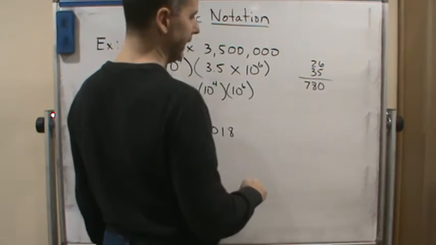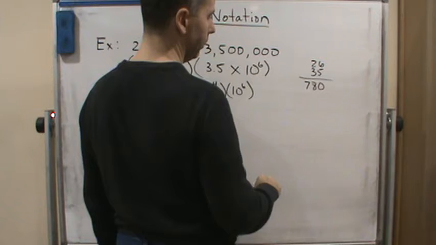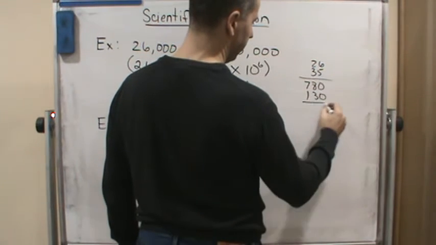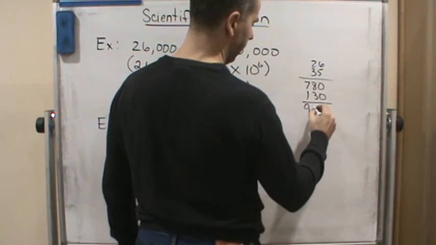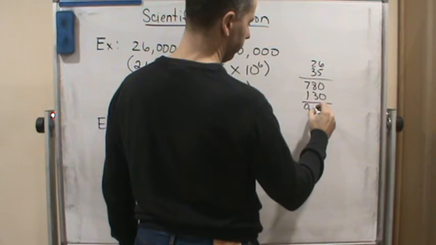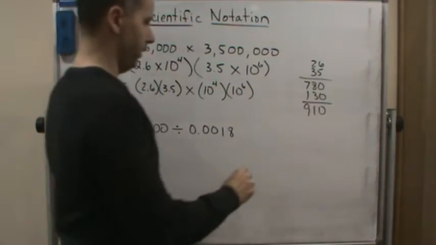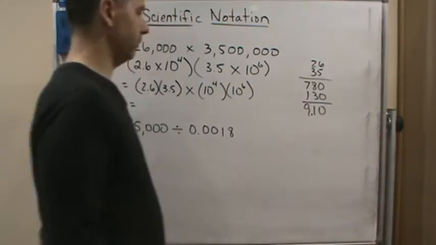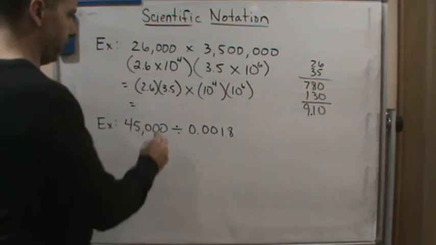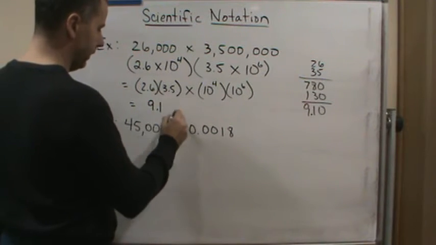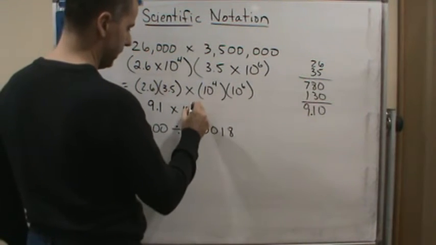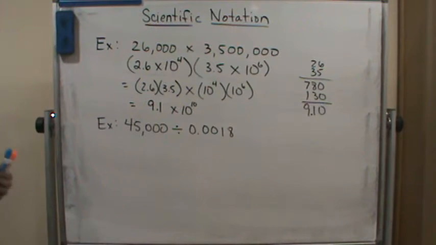Right, 780 and 130, 910, which gives me 9.1 for this. So this is going to be 9.1 times 10 to the 10th power. And that's it. That's how you do it.